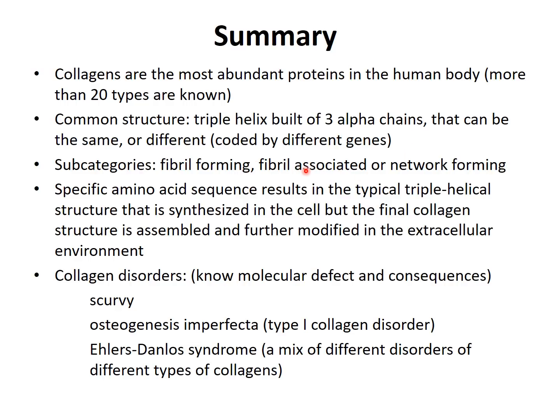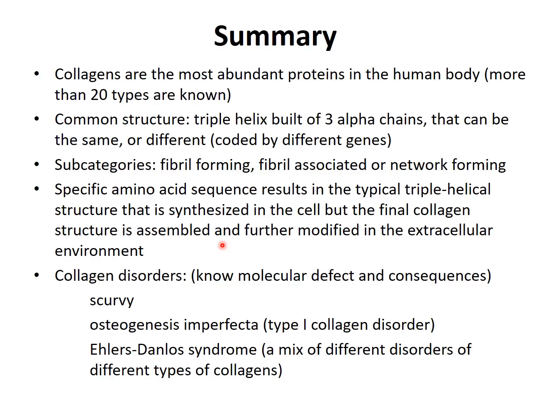We have fibril-forming, fibril-associated, and network-forming collagens. Specific amino acid sequence, typical triple helical structure is common for all. Now, how do we synthesize them? An example I gave you was for type 1 collagen.